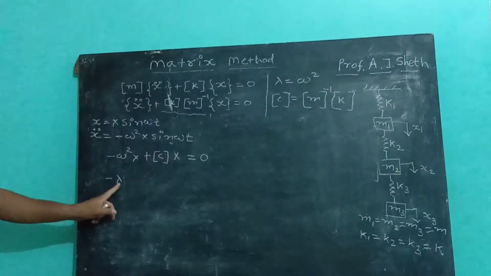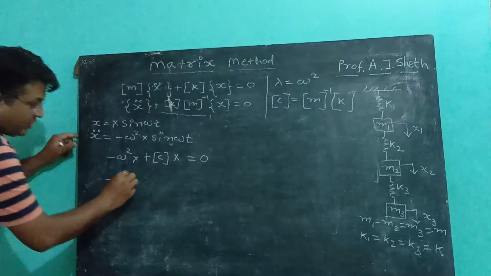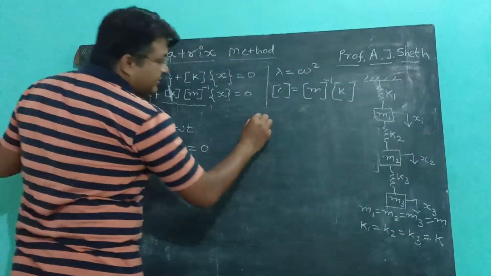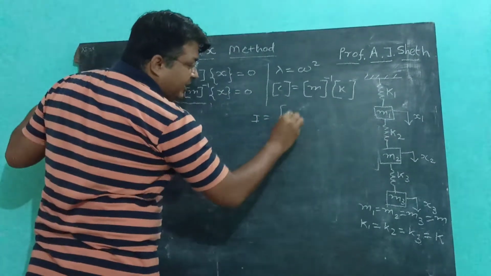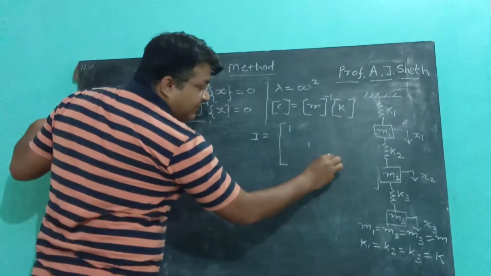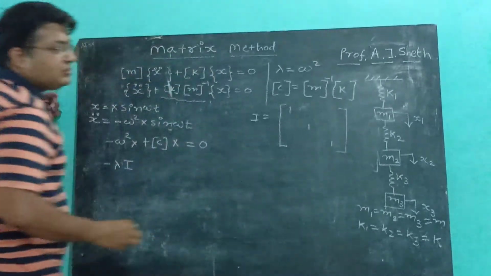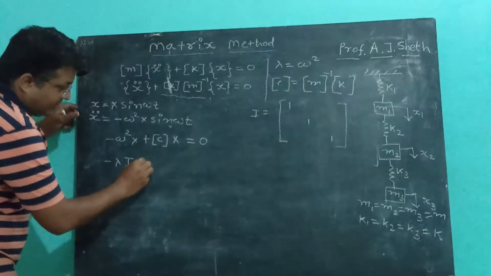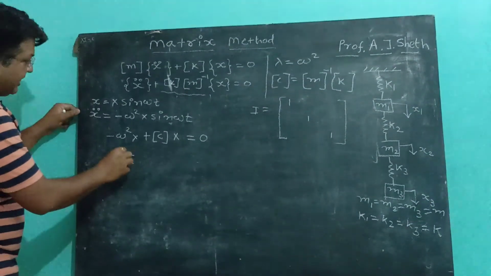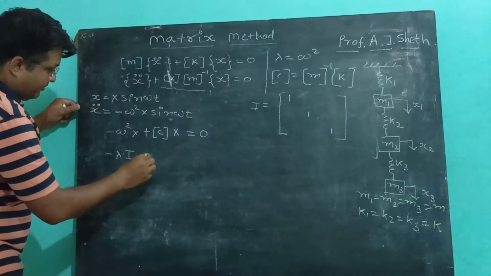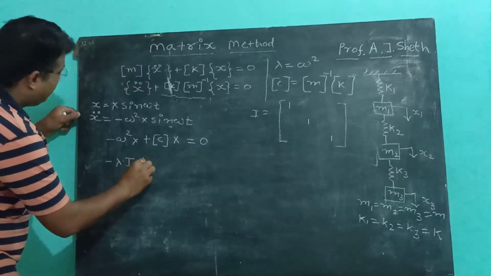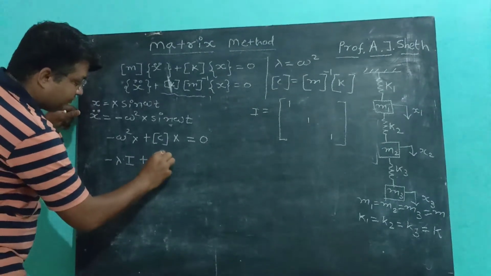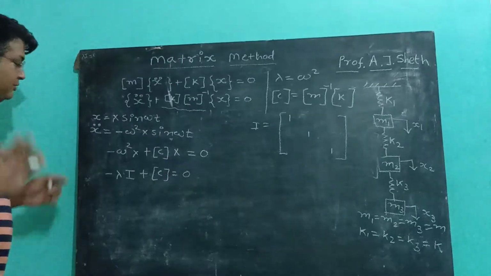Now lambda is having a single value, not a matrix, so I should multiply it with I. I is a unit matrix, 1 1 1, the remaining values are 0. Minus lambda I plus c, lambda I plus c, it is equal to 0.